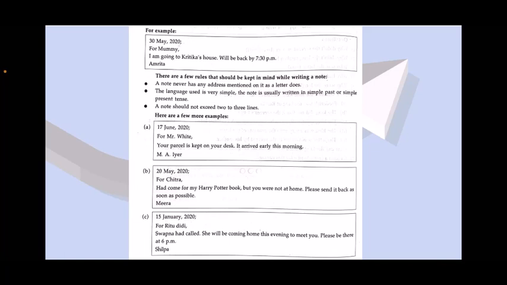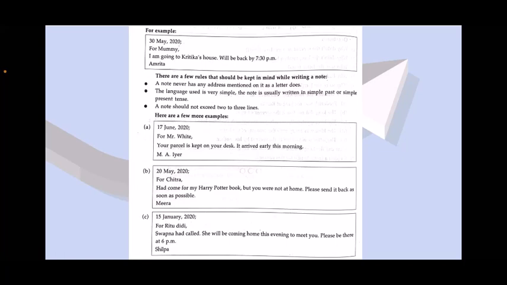The note is usually written in simple past or simple present tense. So when you're writing a note, make sure that you use simple language and you use simple past or simple present tense when you're writing. A note should also be small and brief, which means it should not exceed 2 to 3 lines.